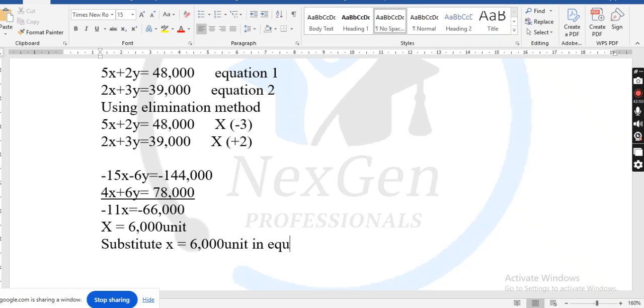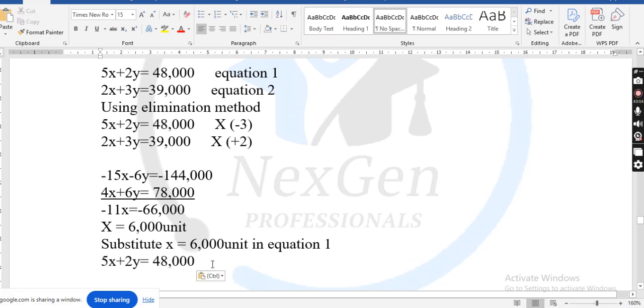Okay, in equation 1, right? So we go back to our equation 1. This is our equation 1, right? You copy it. You paste, class. So therefore, you can have 6,000 units plus 2y equals to 48,000.